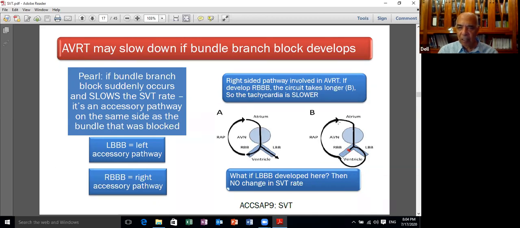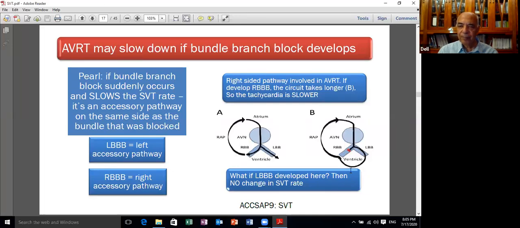The impulse will come from the atrium, then activate the left bundle, cross the left ventricle and the interventricular septum to reach the right ventricle, and then go through the accessory pathway to the atrium. So it takes a longer cycle. The cycle length will be longer and the rate will be slower.